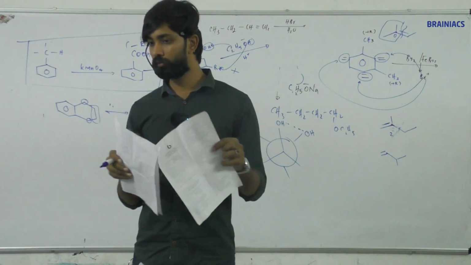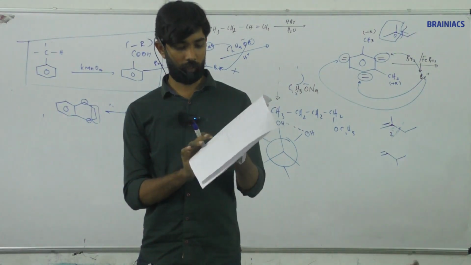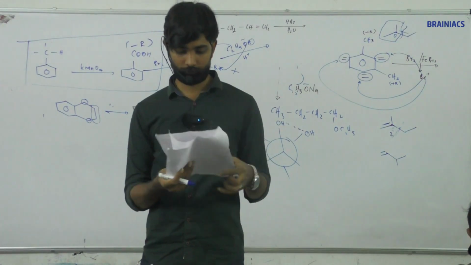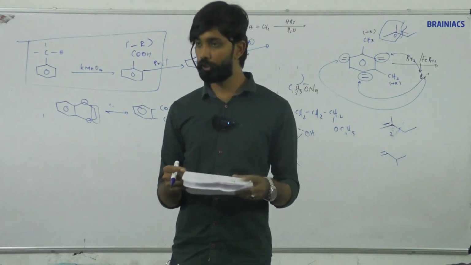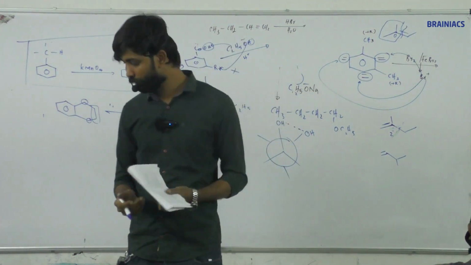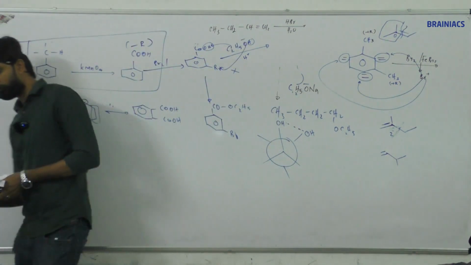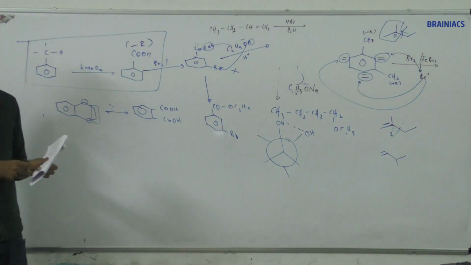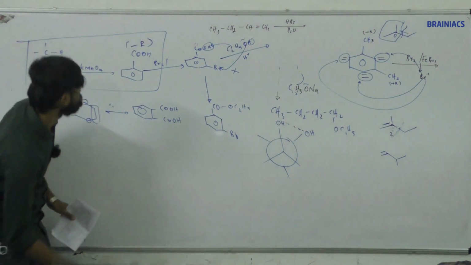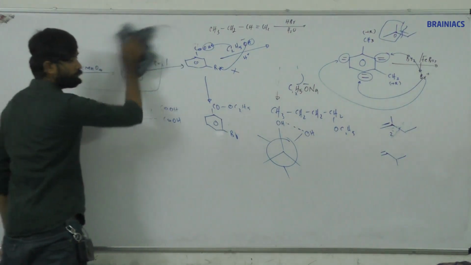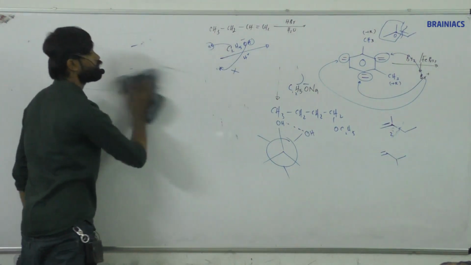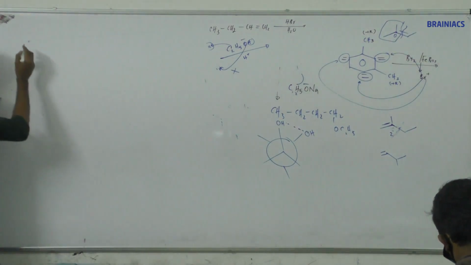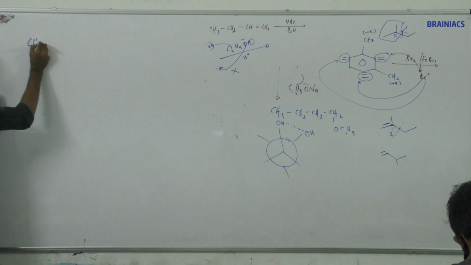Question number? Up to 80 is okay. 80 is over. Question number 22. Good. Answer it. 22 is an elimination. You know, beta elimination.